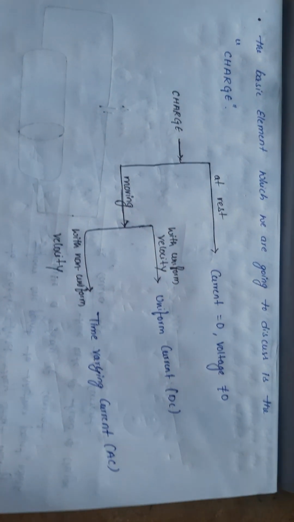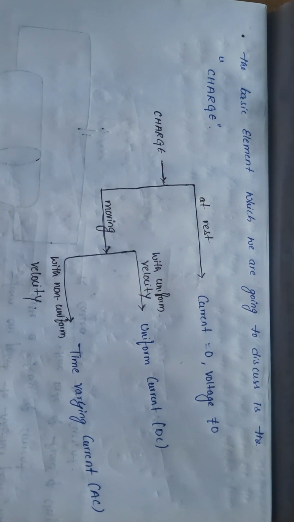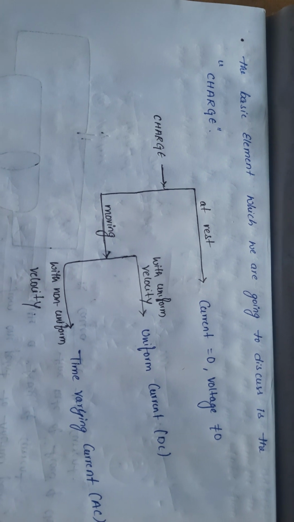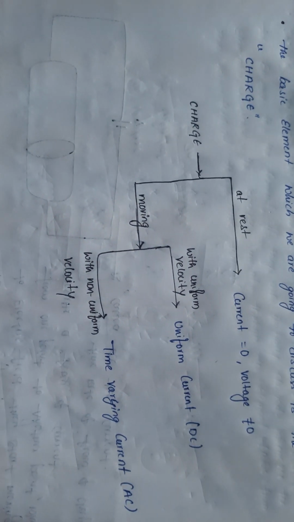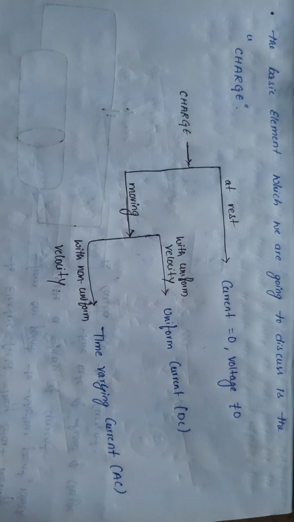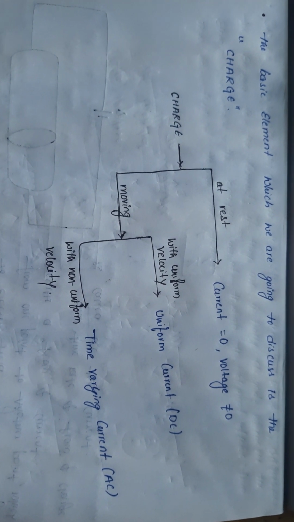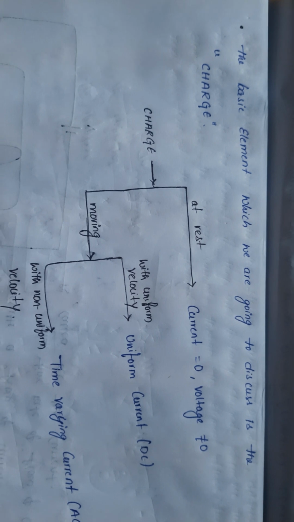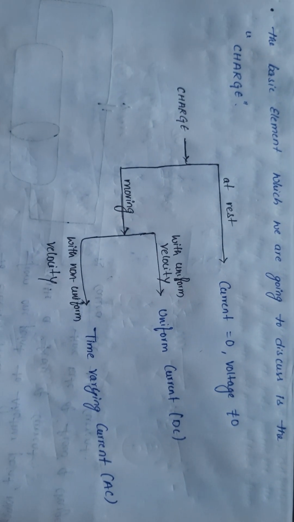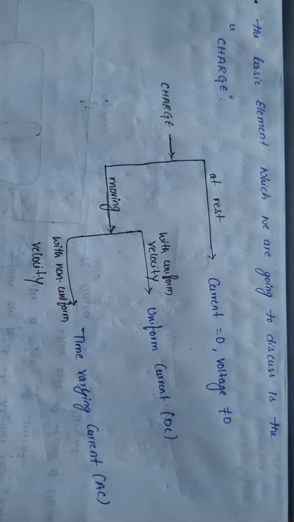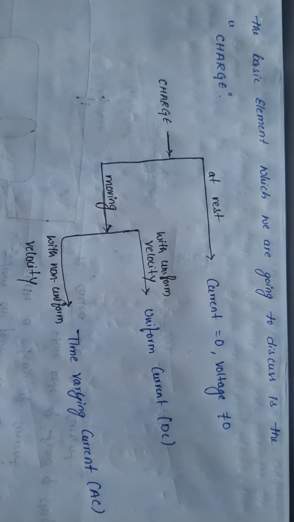Okay, the basic concept, the basic element which we are going to discuss is the charge. What is meant by the charge? The whole concept of the network is based on the charge.